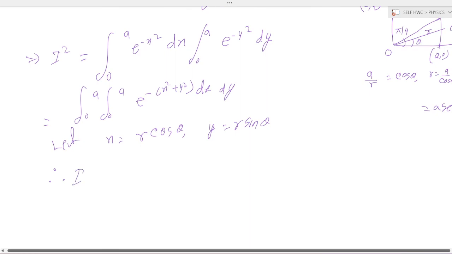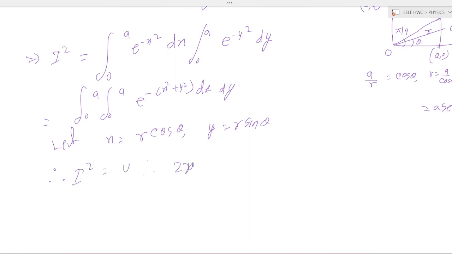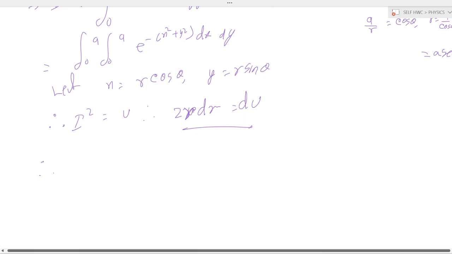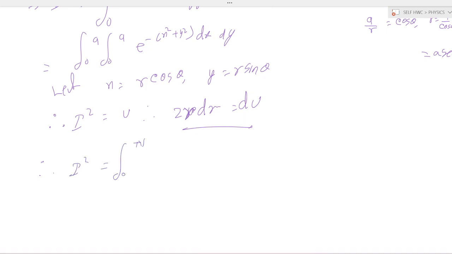Let r square be u, therefore 2r dr is equal to du, and therefore I square is equal to integral 0 to pi by 4 and 0 to a square sec theta square of e to the power minus u du d theta.